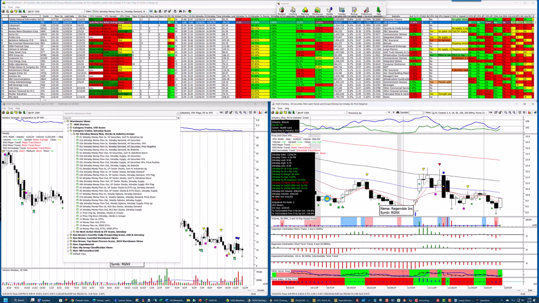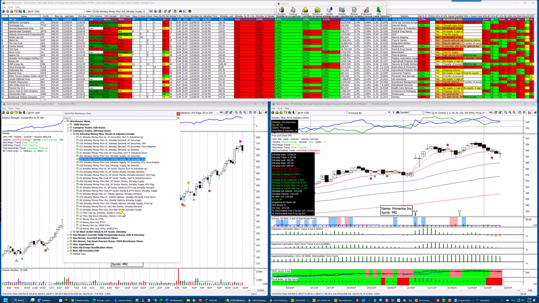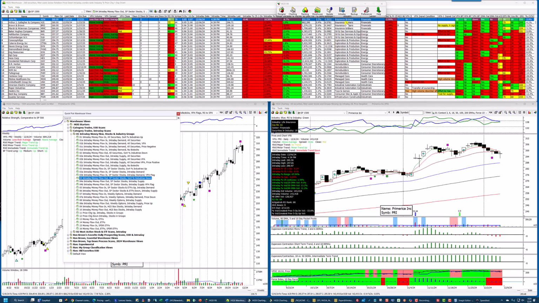So this stock, price is negative, but trading in the upper part of its daily range. I don't need to go through all of these, but just if you're interested in the sector stocks, just click on money flow and it shows you which sectors are strong today. And it also, intraday money flow out, it shows you which sectors are weak.